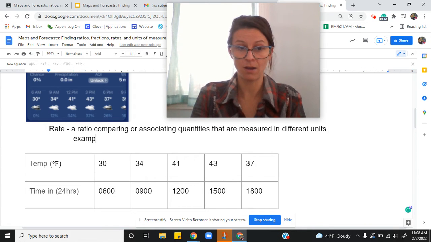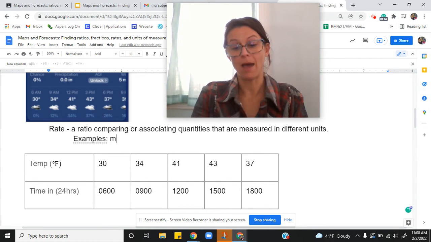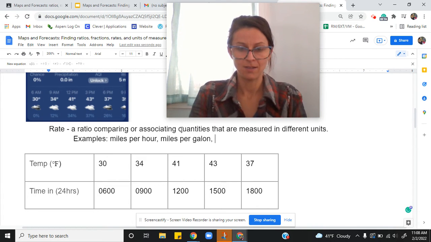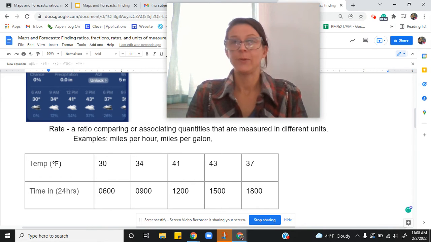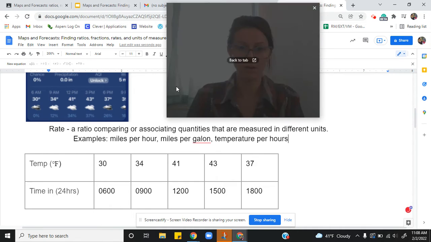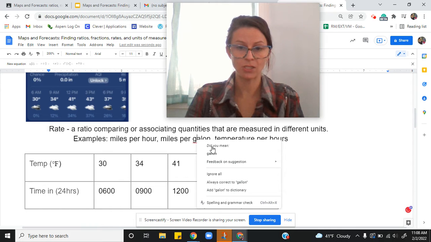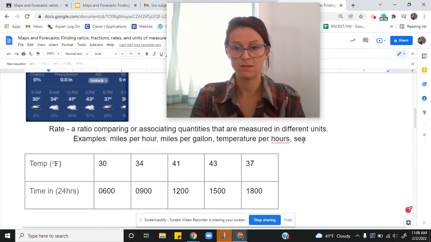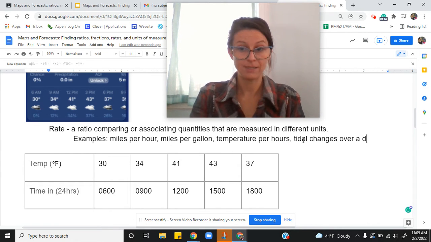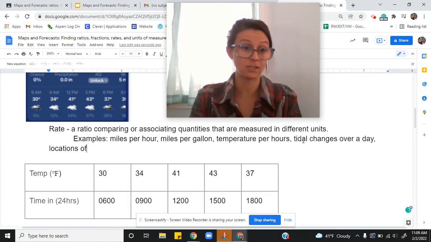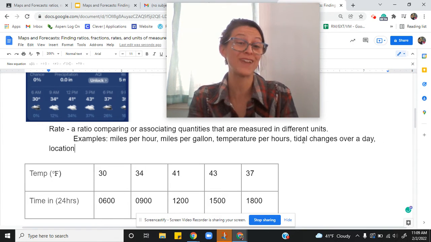Examples of this are miles per hour, miles per gallon, temperature changes per hour, sea level changes, right? Tidal changes over a day, because of high tides and low tides, locations of the moon, or phases of the moon.